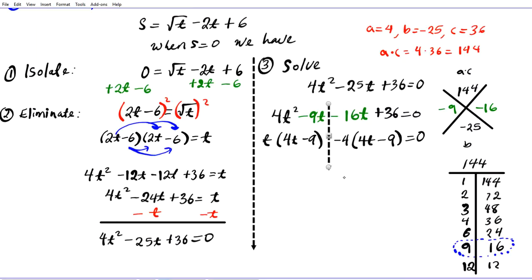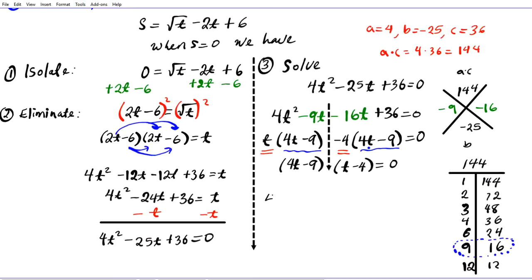So we'll factor out the quantities that are identical, the 4t minus 9s. We'll pull that out. We have 4t minus 9. And the terms on the outside get grouped together in their own nice little parentheses: t minus 4 equals 0.